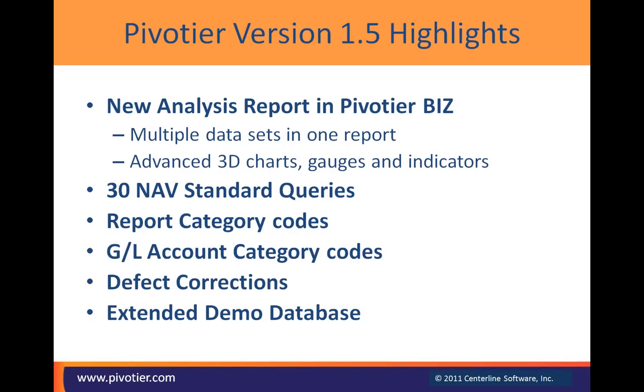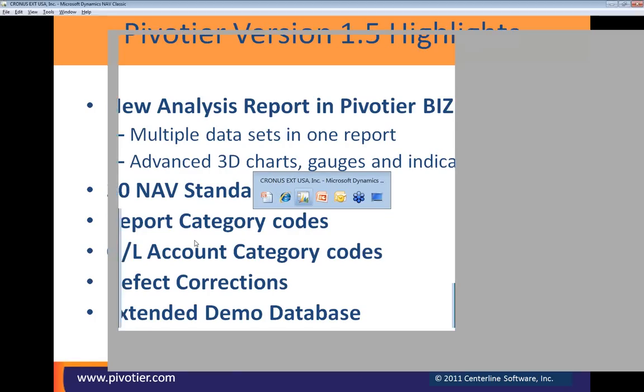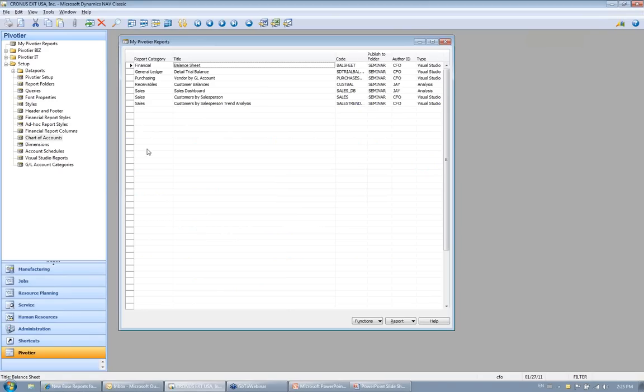Obviously we talked about report categories and GL account categories, but we've added a bunch of standard business queries that let you start building reports right away without getting spun up in defining new queries. And we've added a new report type, so I'm going to have Ron quickly show you the queries, some examples, as well as how the new analysis report makes your ad hoc reporting even more powerful than you had before with Pivotier Biz.